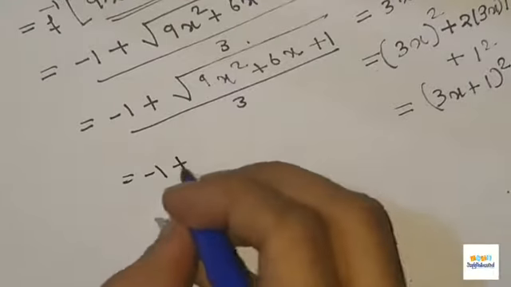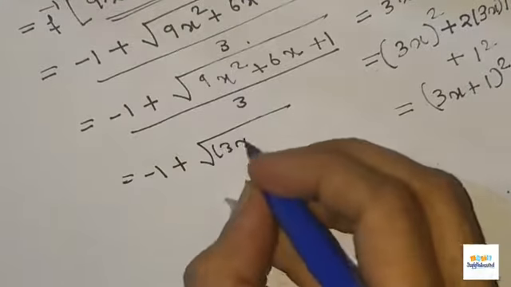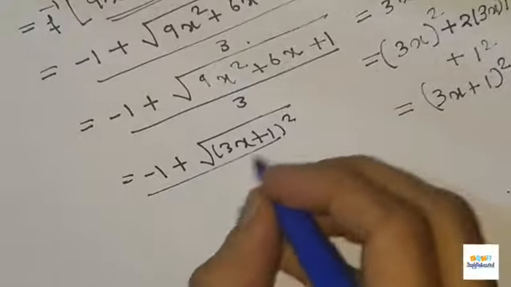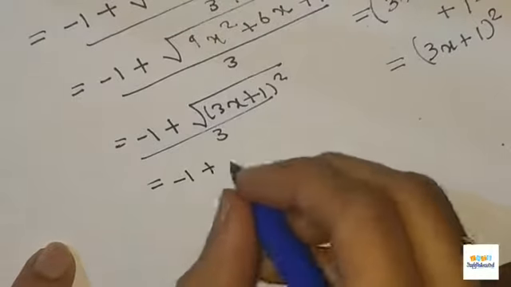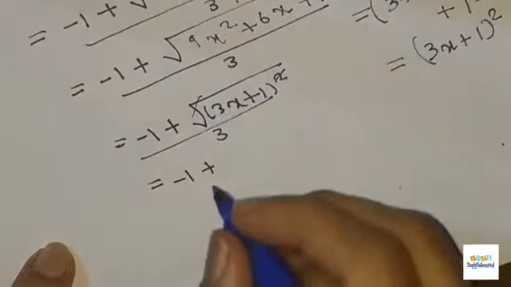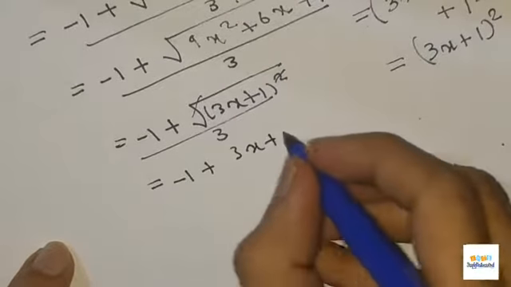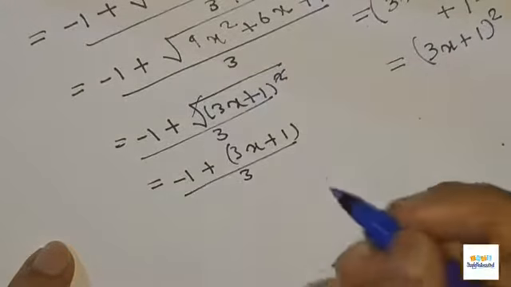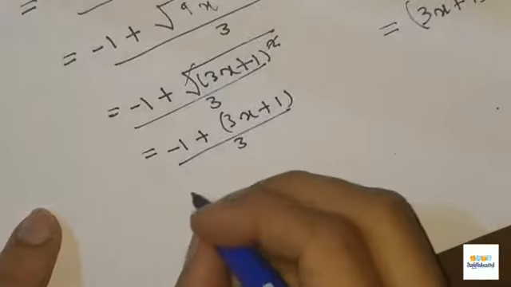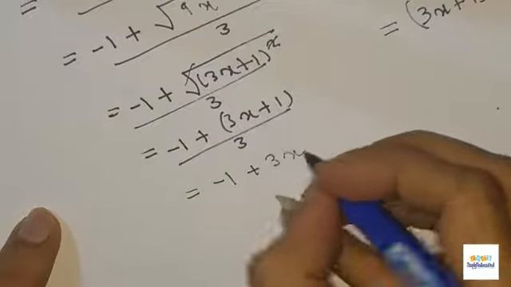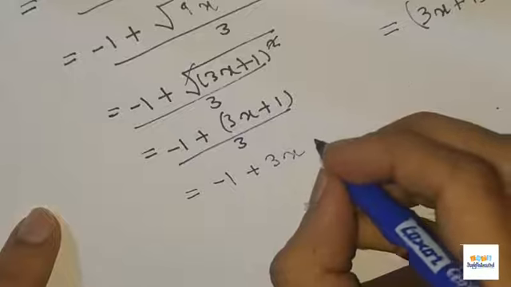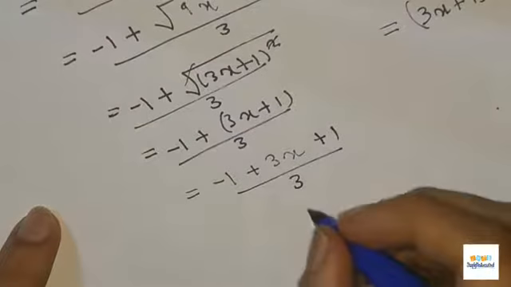So this term inside the root will be 3x plus 1 the whole square. So what we will get is minus 1 plus root of 3x plus 1 the whole square divided by 3. So which is equal to minus 1 plus, square and root will get cancelled here, you will get 3x plus 1 divided by 3. Which is equal to minus 1 plus 3x plus 1 divided by 3.